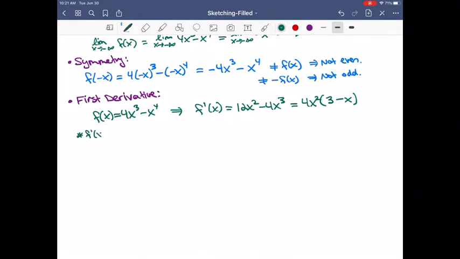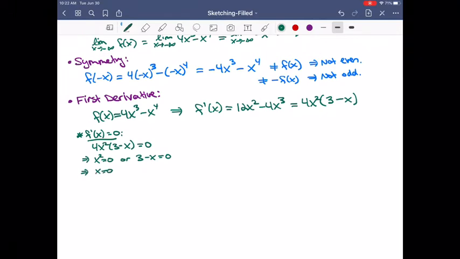Okay, so we take our derivative and we set it equal to 0. So that means 4x squared times 3 minus x should be equal to 0. So that means that x squared is equal to 0, or 3 minus x is equal to 0, which means that x is 0 or x is 3.